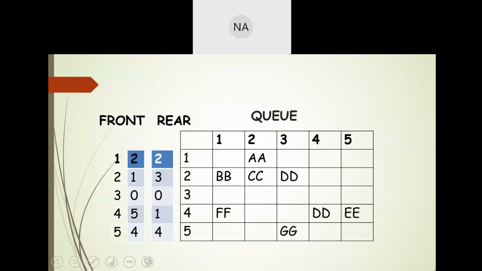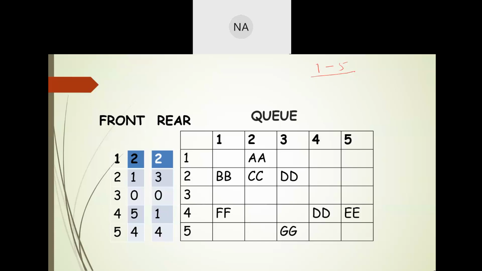For example, here we have five unique priority values, 1 to 5. In the multiple array representation, for each priority we use an array. So there are five distinct priority values, so we will use five arrays. We can declare five different arrays of different sizes.